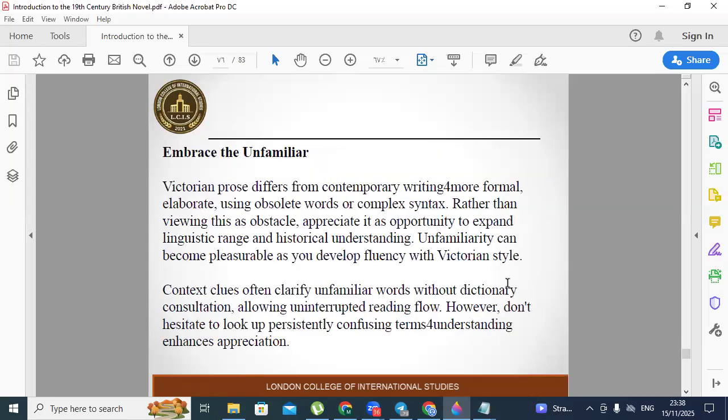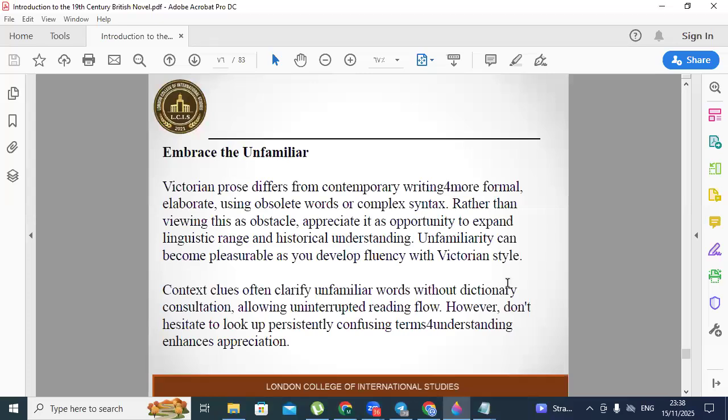Embrace the unfamiliar. Victorian prose differs from contemporary writing, more formal, elaborate, using absolute words or complex syntax. Rather than viewing this as an obstacle, appreciate it as an opportunity to expand linguistic range and historical understanding.